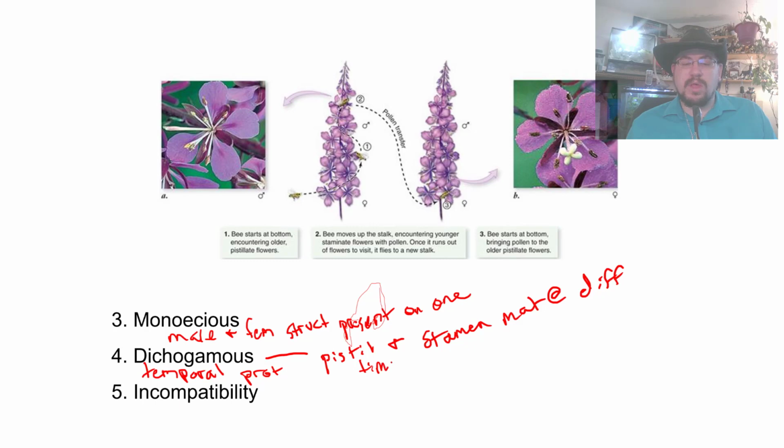This means that when the pollen is ready for dispersal, the pistil is not ready for pollination. So it prevents inbreeding and increases outcrossing rates, which is good.